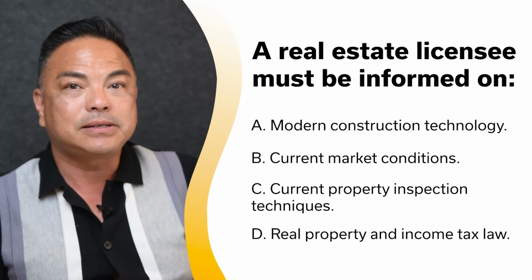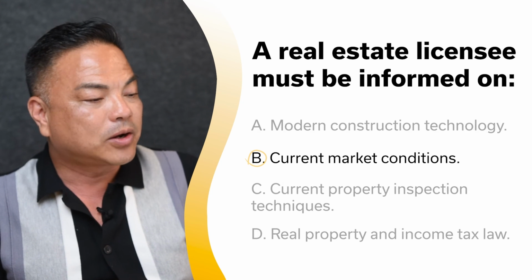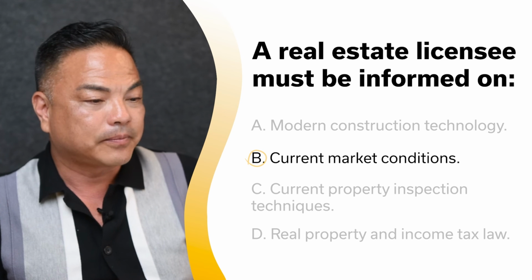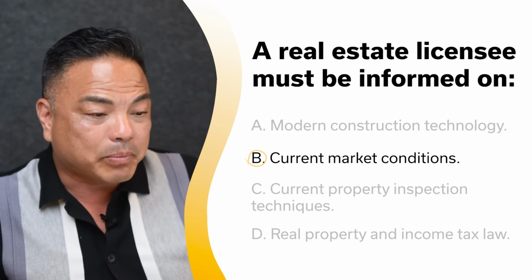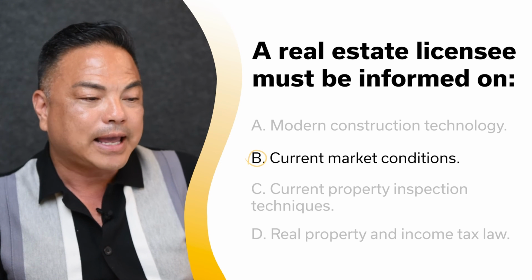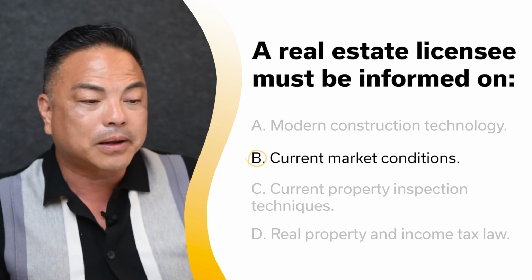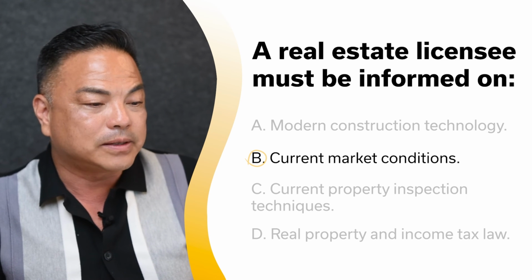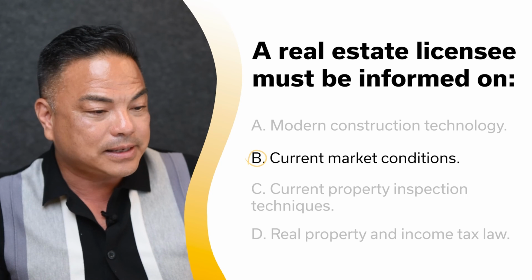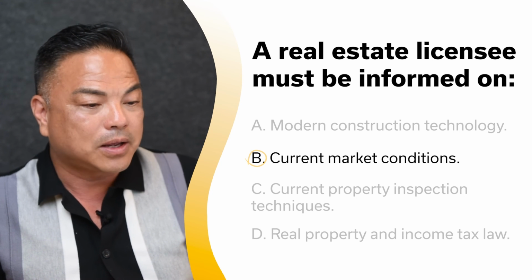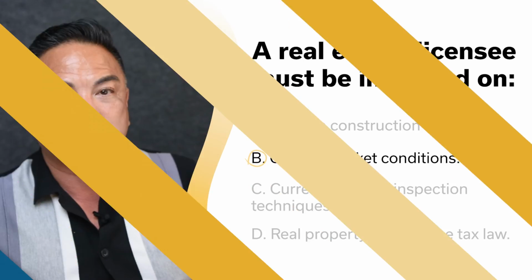And the answer is B as in boy, current market conditions. Modern construction technology, current property inspection techniques, and income tax law are beyond the expertise of a real estate licensee. However, a licensee is required to keep current on market conditions.